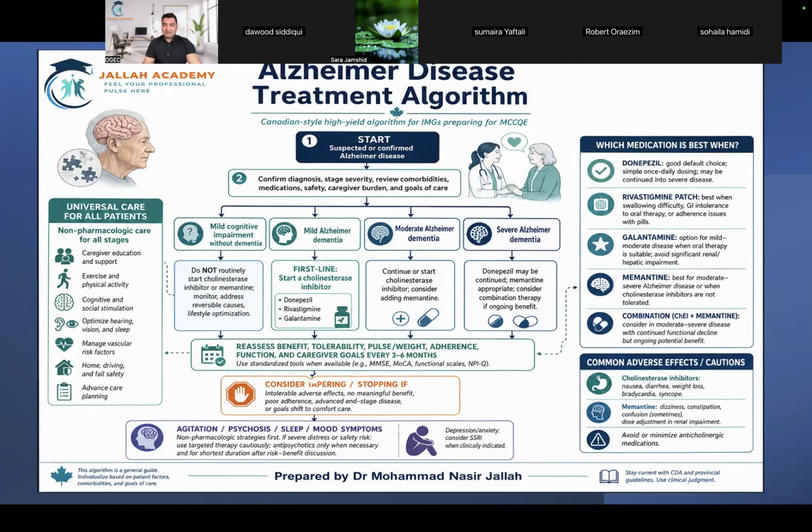This might be a post-encounter question in the NAC OSCE, or a question in the MCQ. After you discharge the patient, when is the best time to come back for reassessment? The options will be 2 years, 4 years, never, or 3 to 6 months. 3 to 6 months will be the right answer.